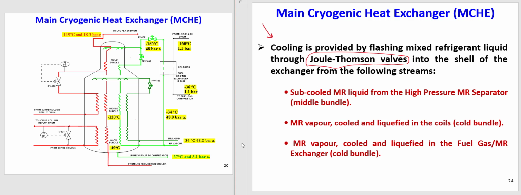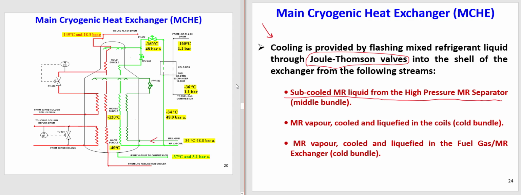I mean, we provide the cooling by several methods. First one: subcooled mixed refrigerant liquid from the high pressure mixed refrigerant separator. This is liquid mixed refrigerant that goes to the warm bundle and then the middle bundle, and then we have a Joule-Thomson valve here where we drop the pressure.